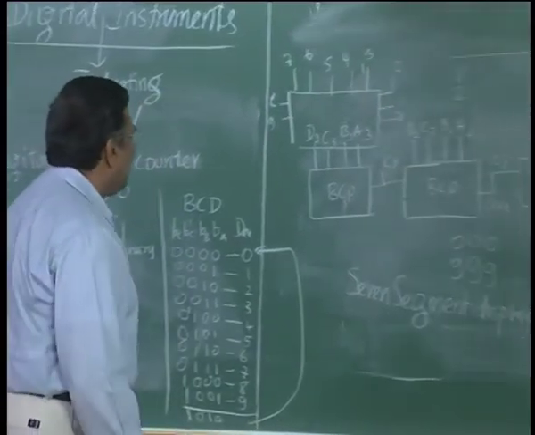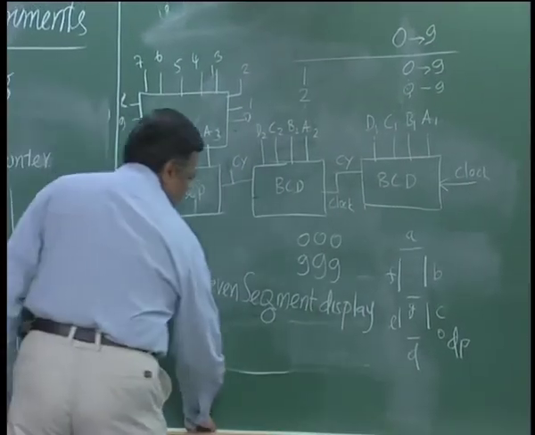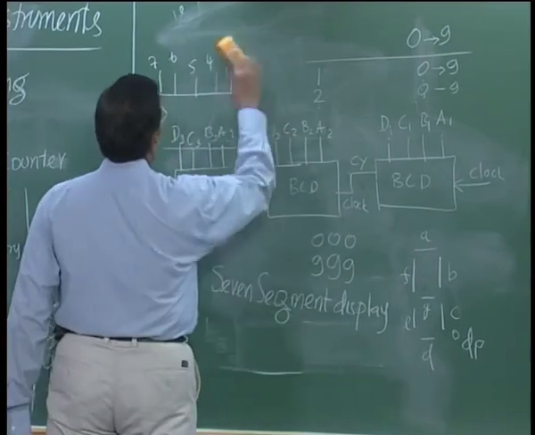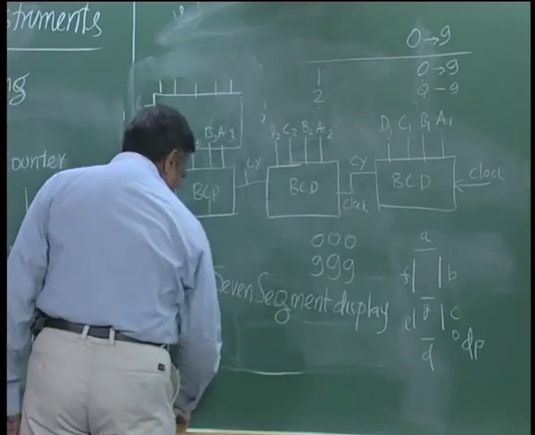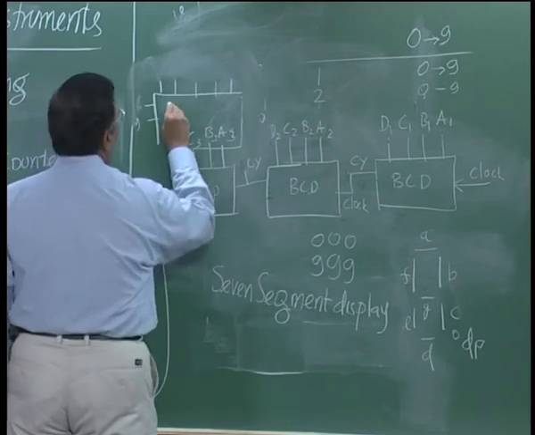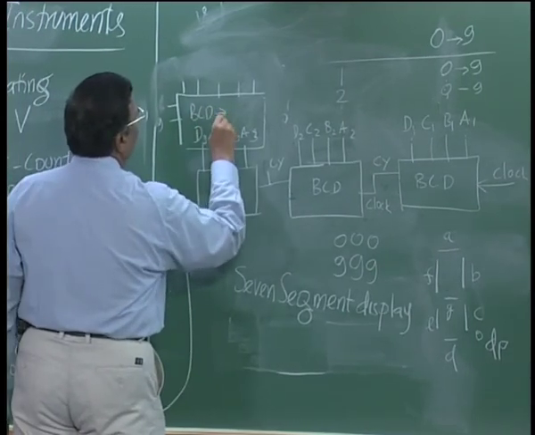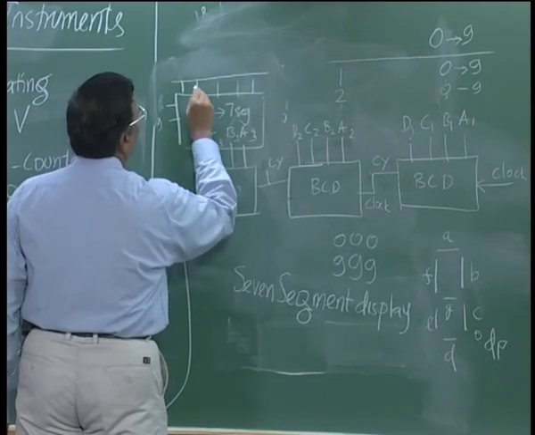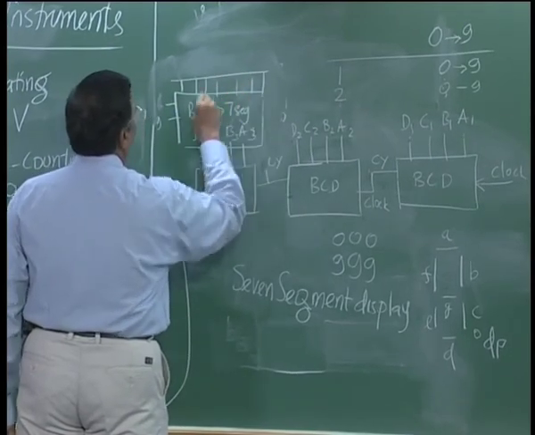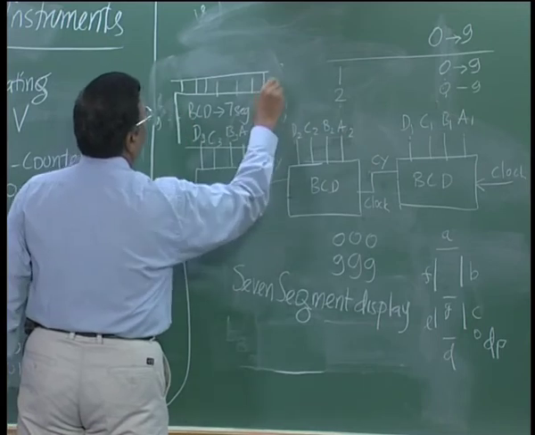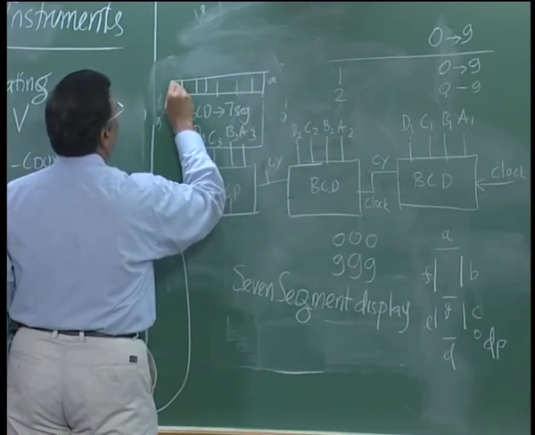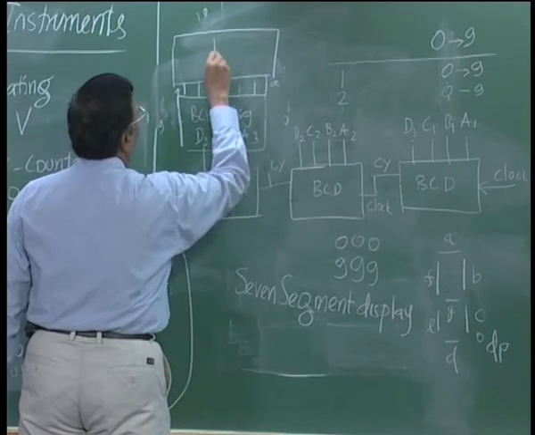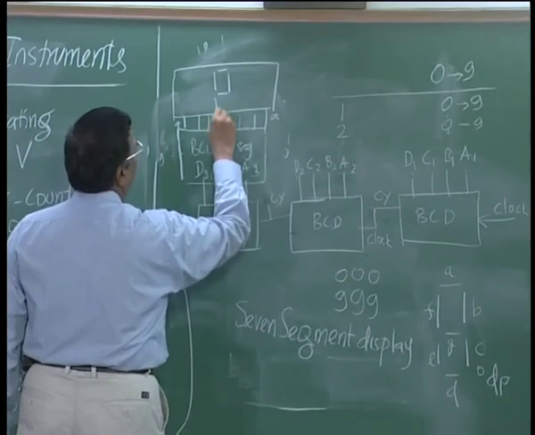So if that is the display, then we do not use this circuit, we use what is known as the BCD to 7 segment display driver, and there will be 7 outputs, A to G, and we have the 7 segment display.